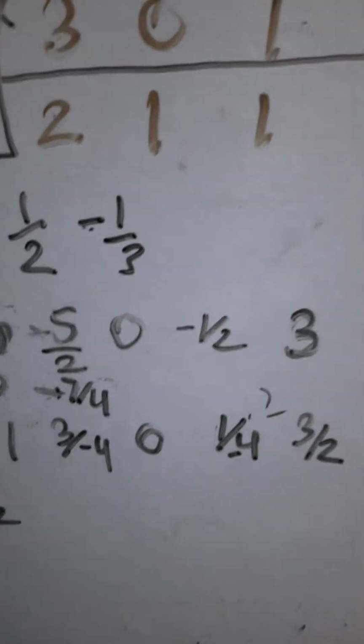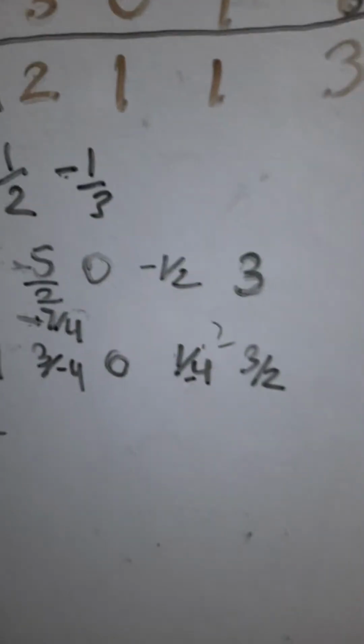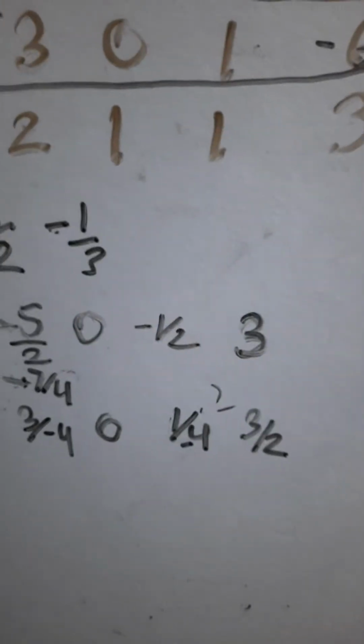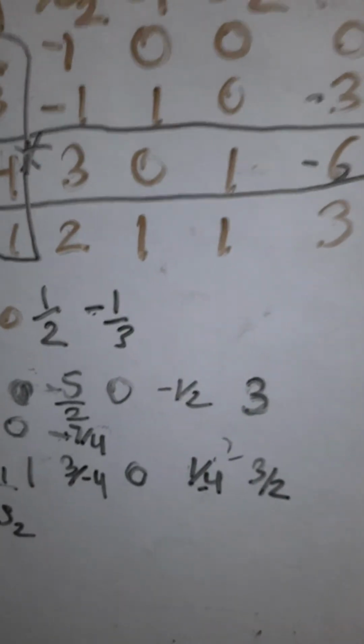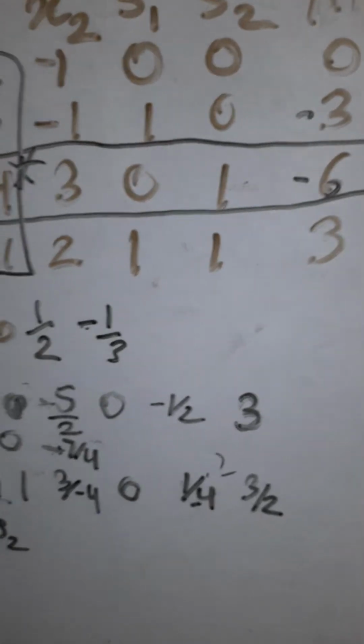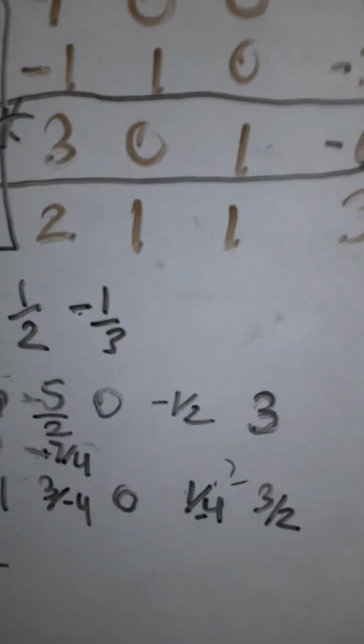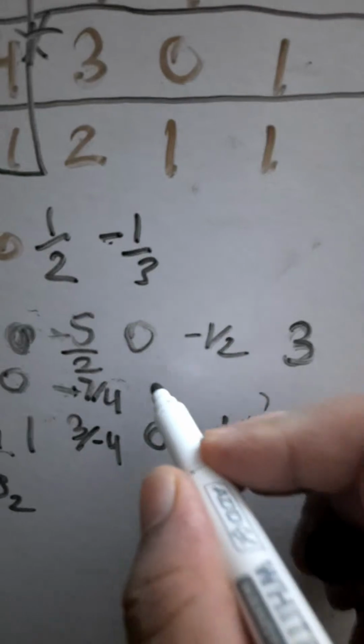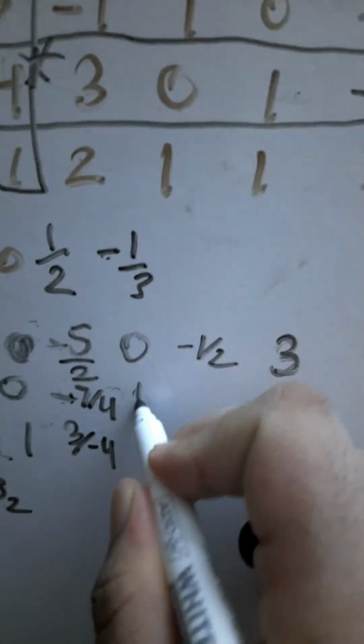Now here we have 0. 0 into 3 is still 0. Now 0 plus 0 into 3 is 0. 0 plus 1 is 1. Simple. Next we have 0.